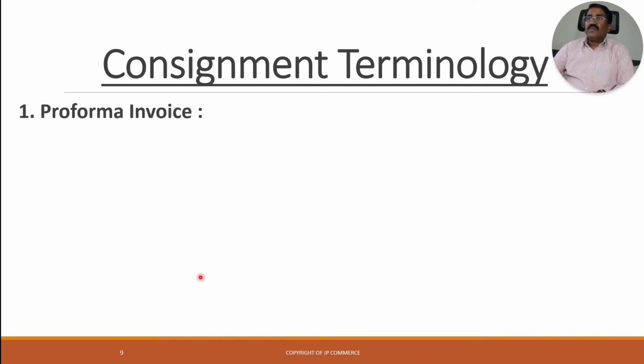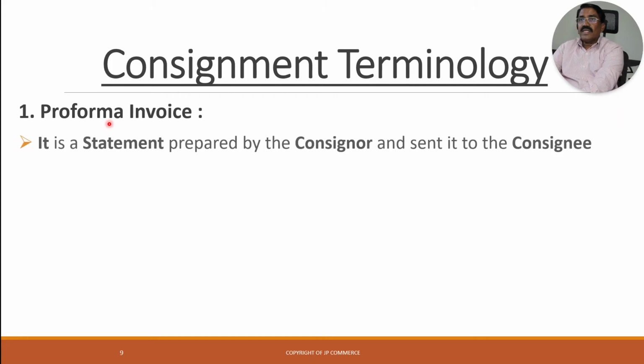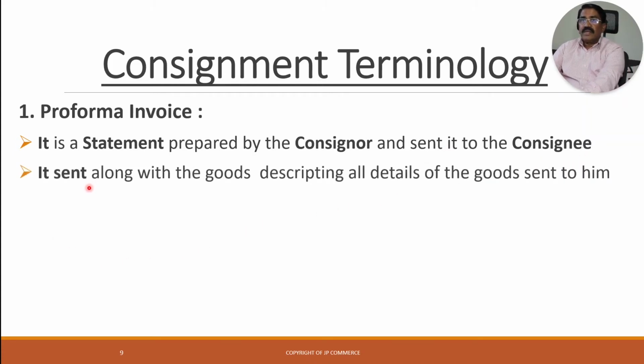In consignment, we notice certain new terms for the student. The first one is the pro forma invoice. So what is a pro forma invoice? It is a statement prepared by the consignor and sent to the consignee along with the goods, describing all the details of the goods sent.